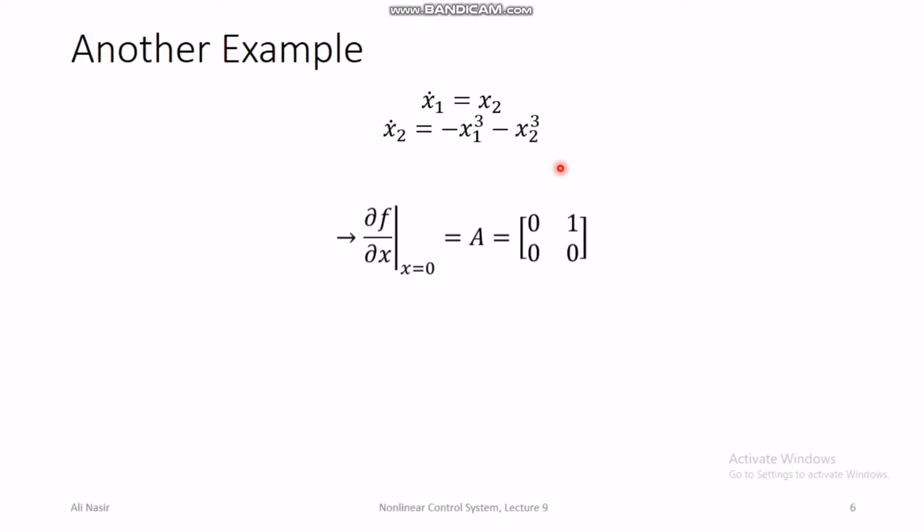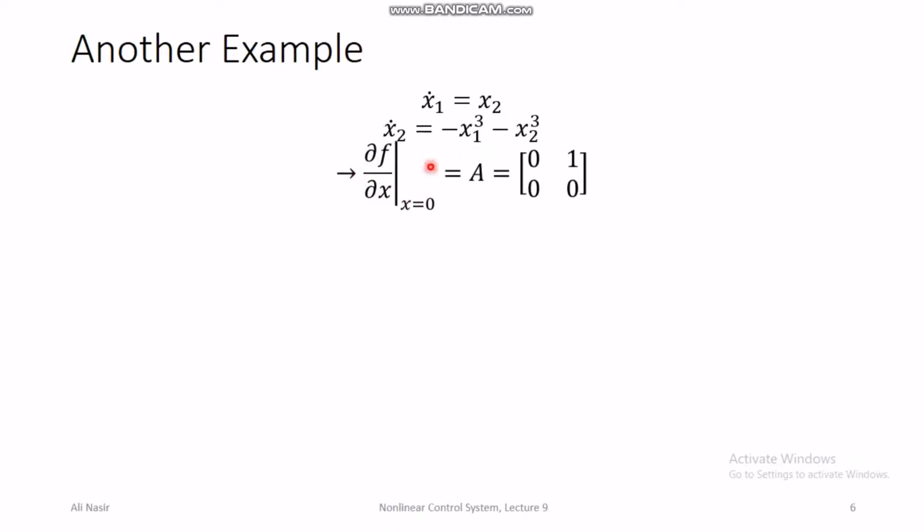Another example, let us consider this nonlinear system: x1 dot equals x2 and x2 dot equals minus x1 cube minus x2 cube. This system has an equilibrium point at the origin.